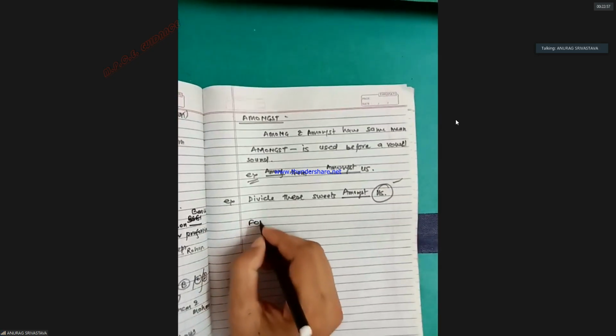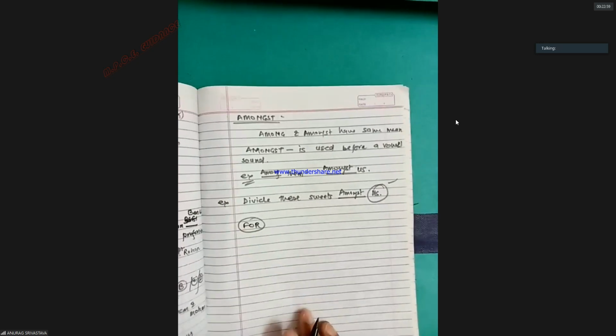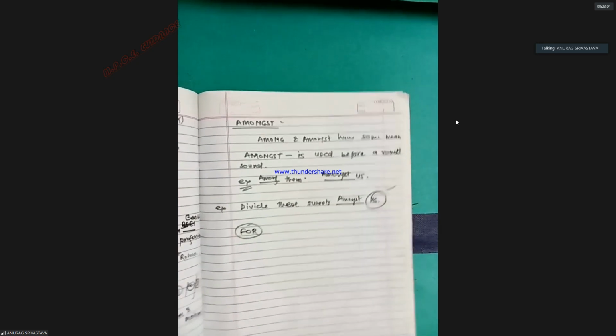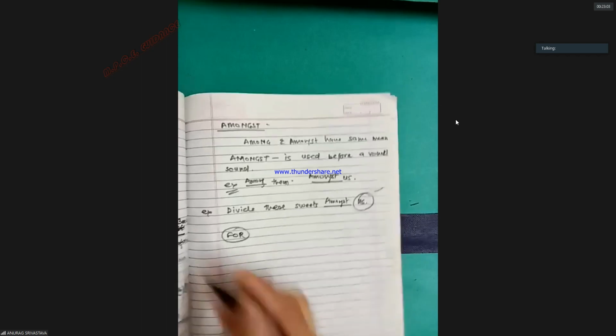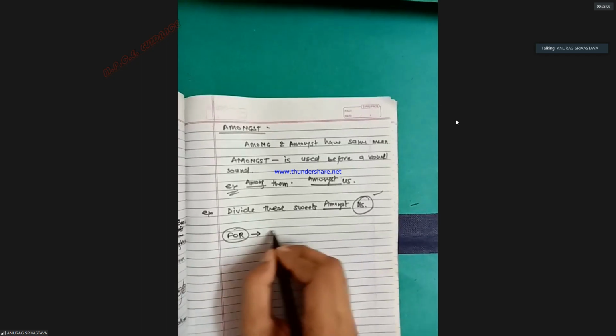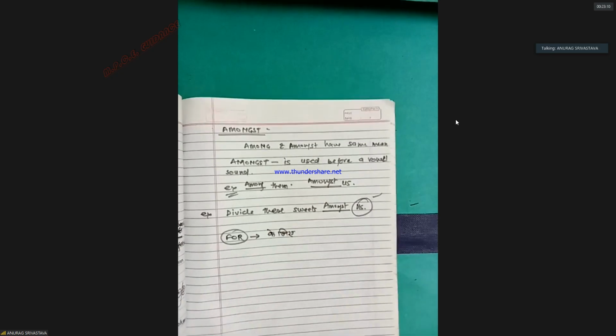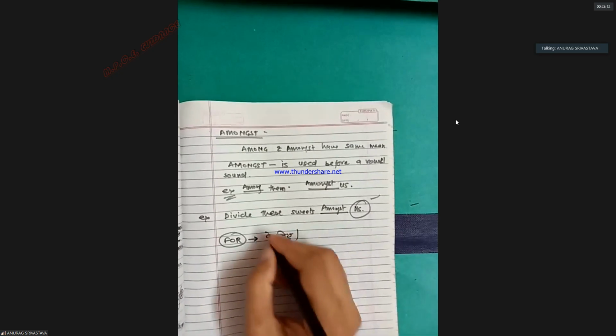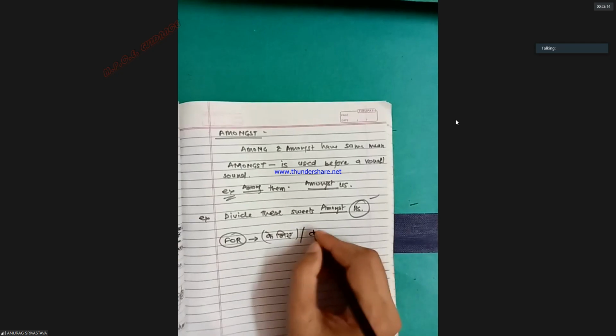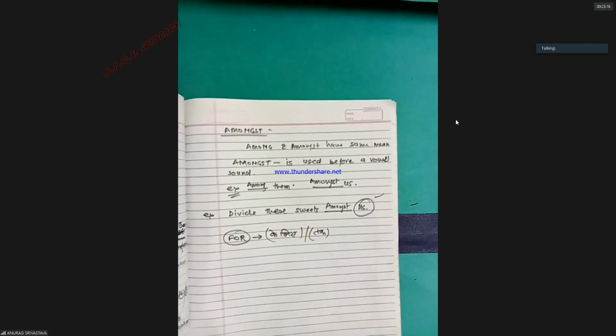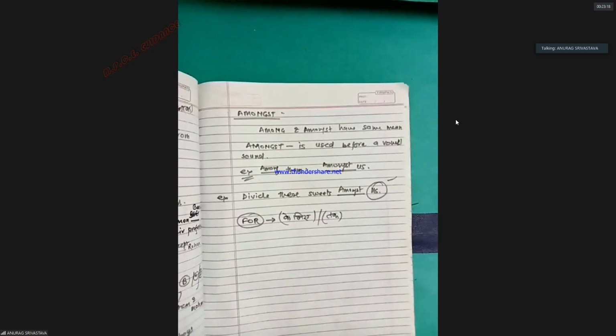So move to another preposition, which is for. Its general meaning is 'for', or it also refers to 'till'. How does it make the sense of for and till? Let's see the examples.